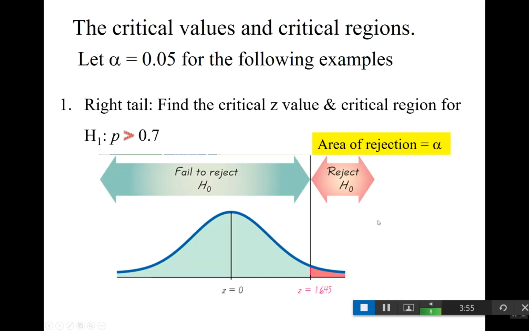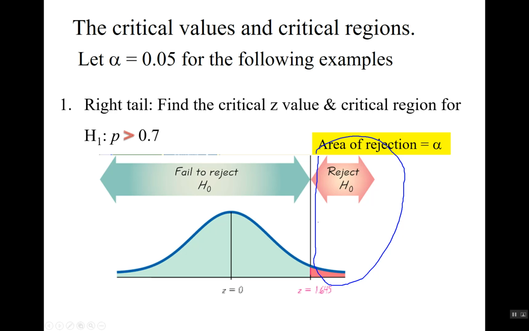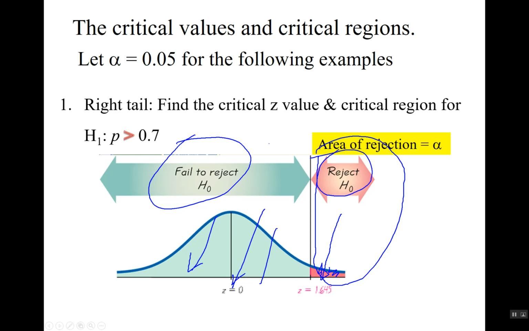So therefore, this is what I have. You can see that the right side is called the rejection region. If your test statistic falls anywhere in this region, you are going to reject your H0. If your test statistic falls into this region, you fail to reject H0. So you can see the regions for your decision.